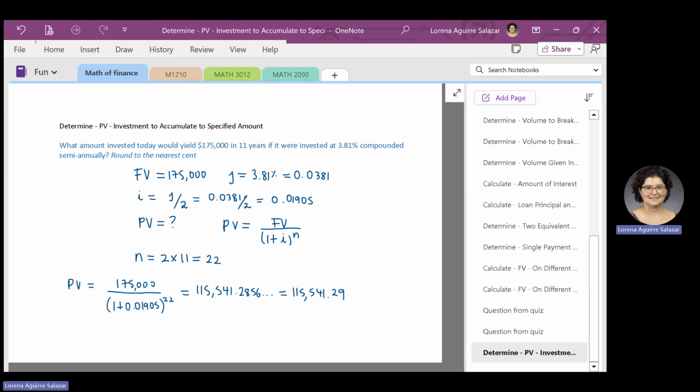Based on this, what we can say is that the amount of $115,541.29 should be invested today to get to this value, 175,000, in 11 years, if the interest is compounded at 3.81% compounded semi-annually. So this is the answer to this problem.